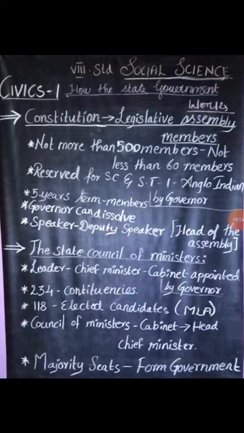Okay. Next, in Tamil Nadu there are 234 legislative constituencies. How many legislative constituencies are there in Tamil Nadu? 234.